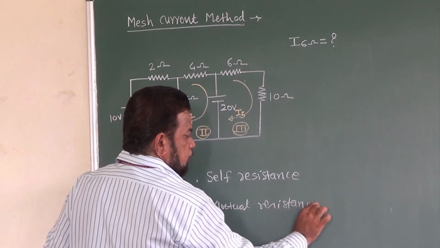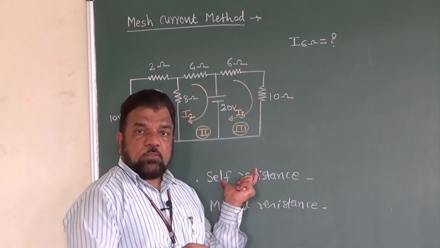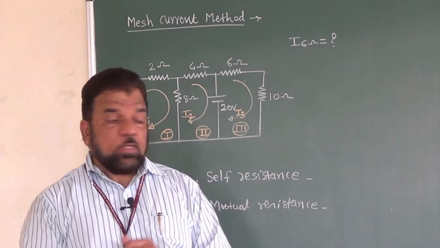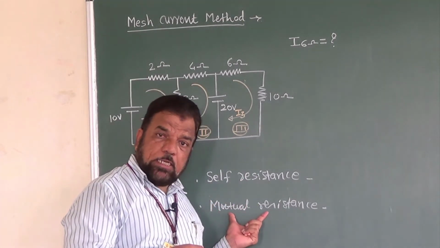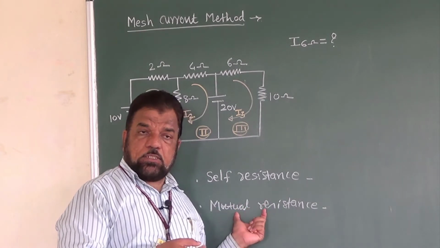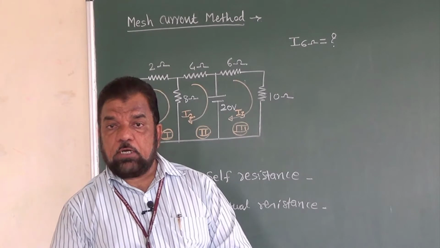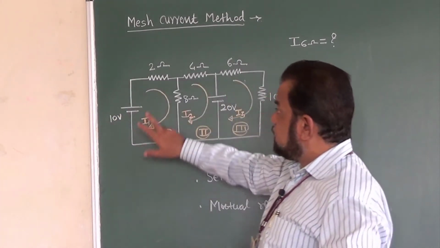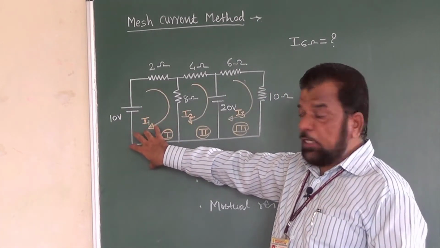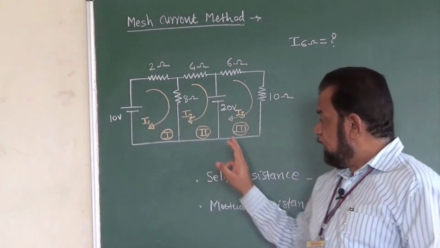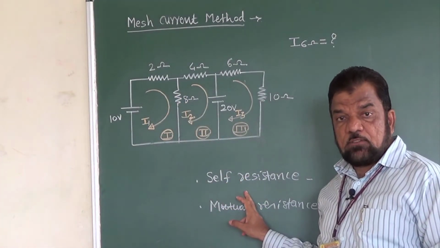The self resistance is the resistance of that particular mesh or loop, whereas the mutual resistance is the resistance which is common between different meshes or loops. If you look at the circuit, for mesh 1, 2 ohm and 8 ohm are the self resistances.